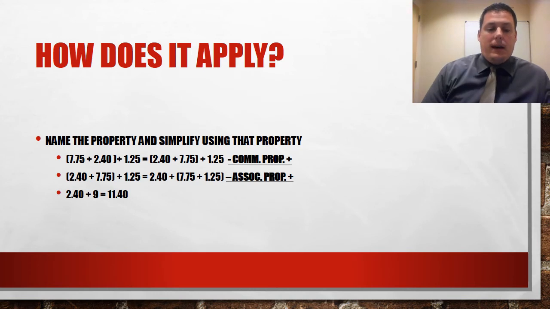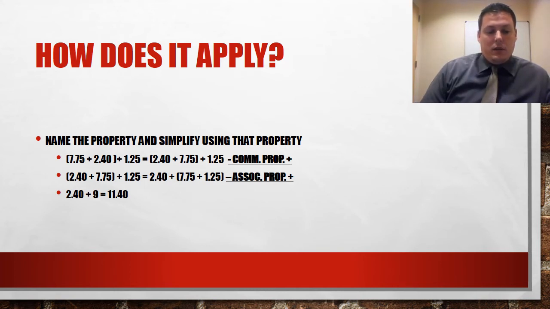So how does this apply? Well, it can apply directly when we need to solve something quickly. You will learn how it applies in algebra a little later, but for now we're just going to stick to other real numbers that have a value.